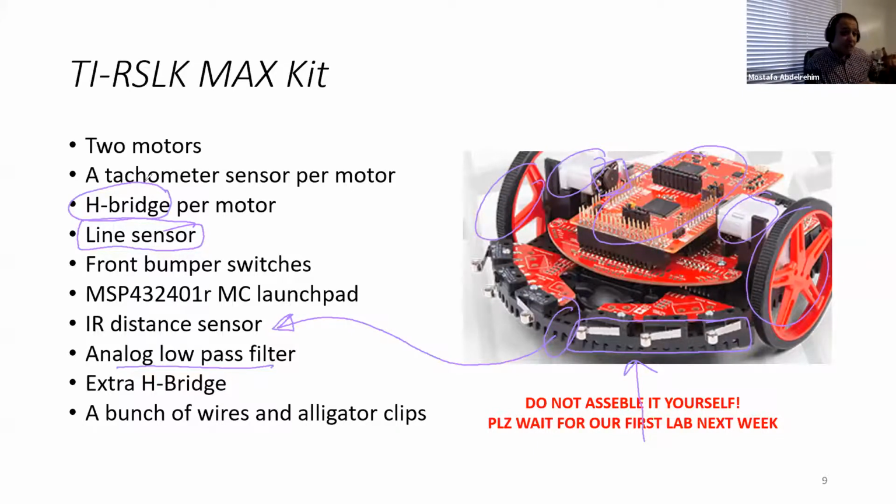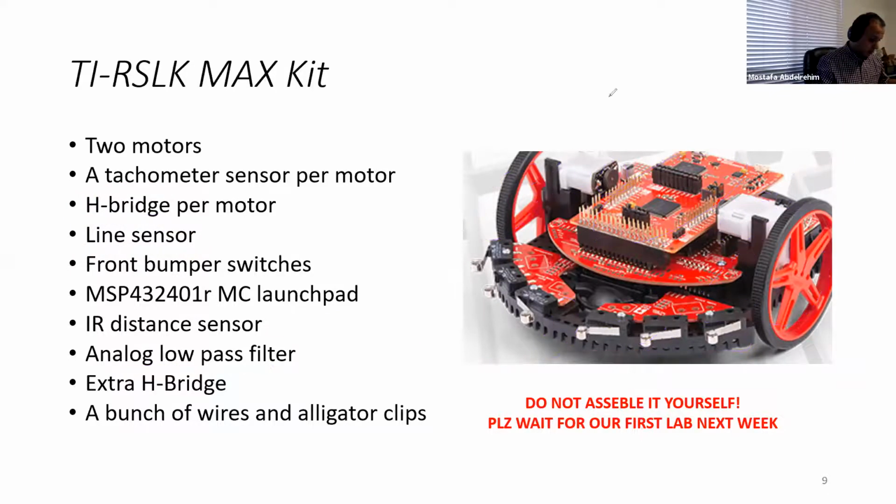Without this H bridge, the motor can go in only one direction, but with it, you can control the robot to go forward or backward. What else? We also have a bunch of wires, alligator clips, and lots of other stuff. So this is basically what's included in the kit that you should receive soon.